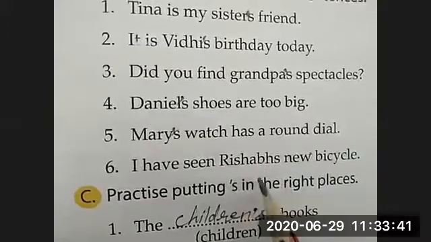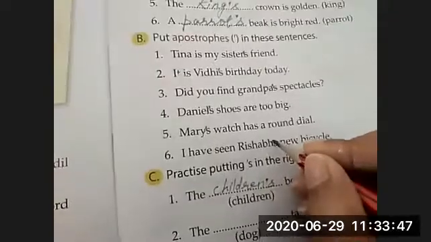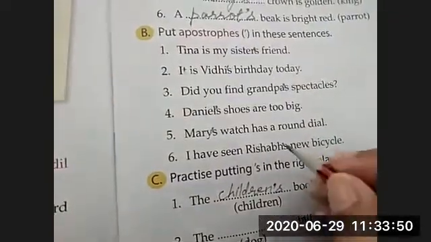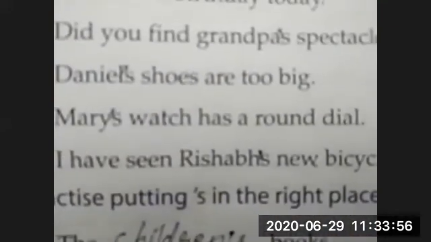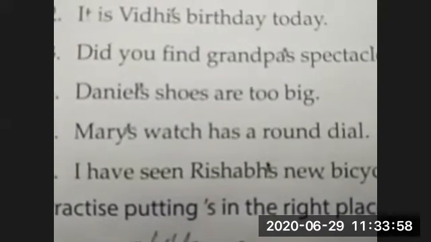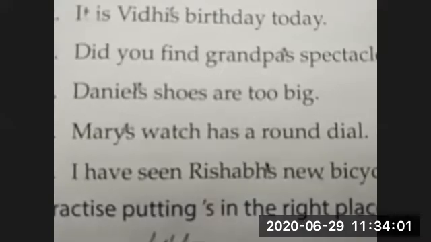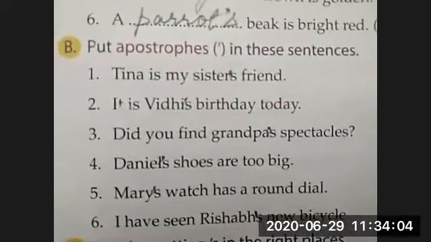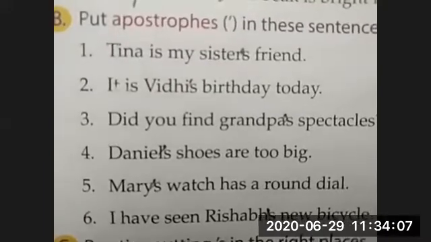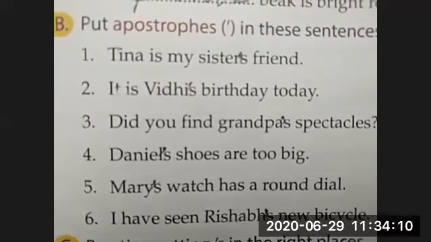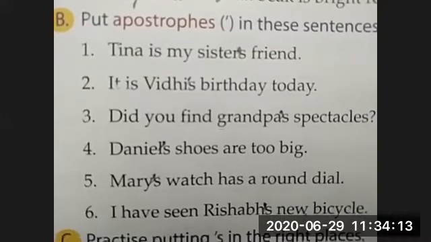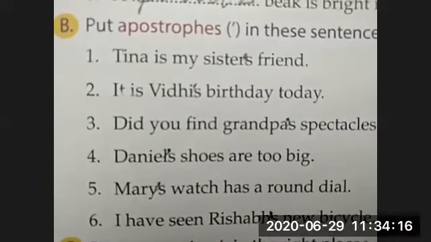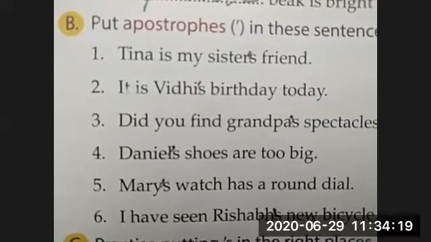Done. I have seen Rishab's new bicycle. So we will put it after it. See here. Completed.